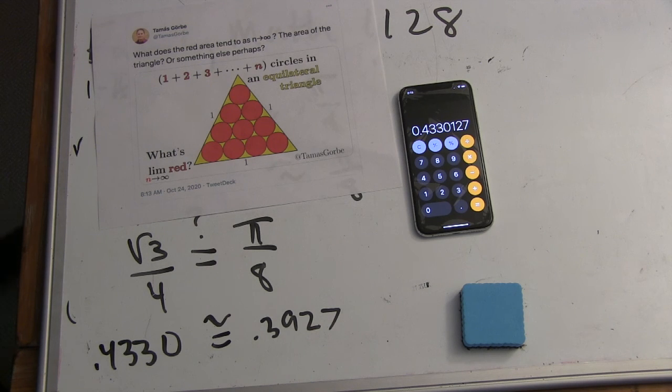So yeah, I am a little surprised. The problem is the circles are infinitely small too. So the size of the gaps and the size of the circles are comparable to each other. It turns out that if you try to pack circles into a triangle like this, in this specific way, you're always going to have gaps.